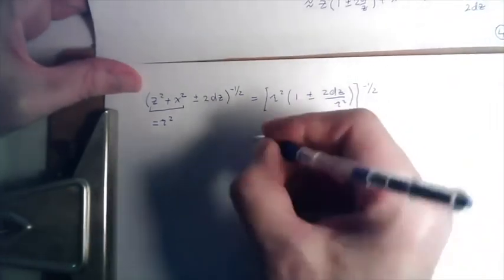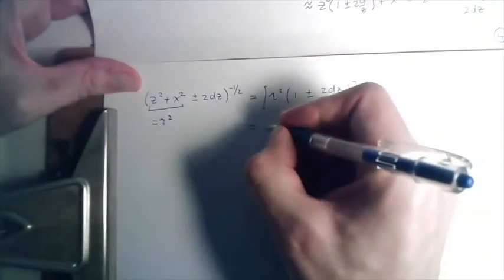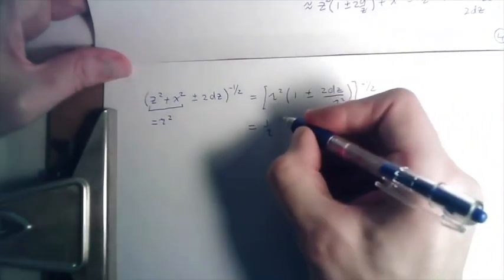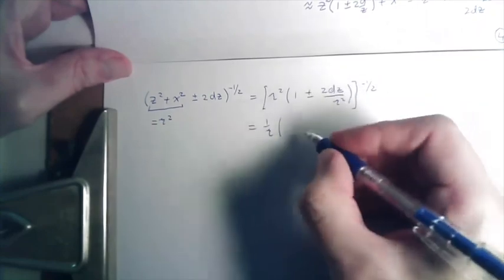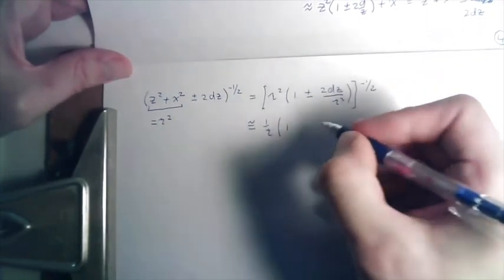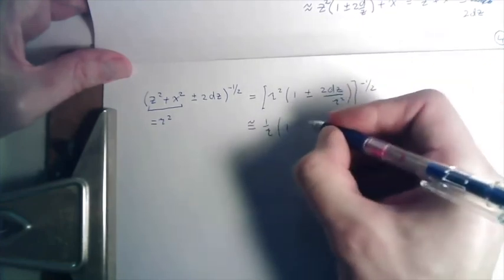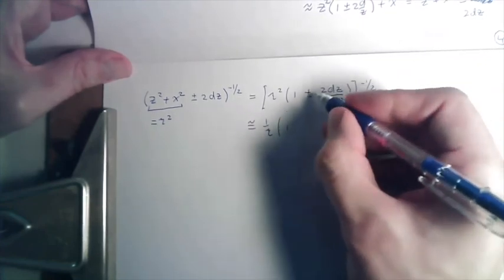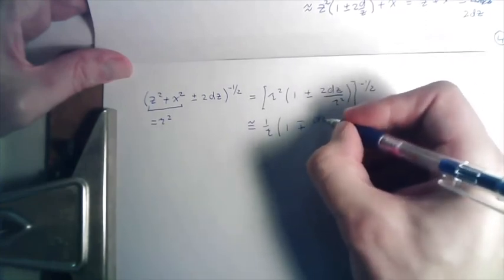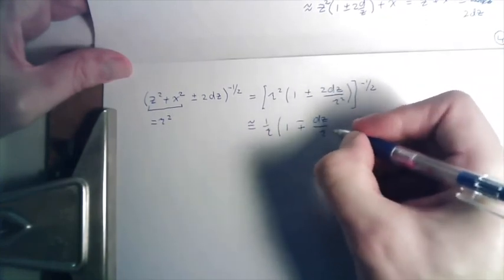Now the minus 1/2 acting on the r squared just becomes 1 over r. So that's easy enough. That's not an expansion, but the second part is going to force us to make an expansion. So the minus 1/2 means that we pick up a factor minus 1/2 in the Taylor expansion. So that's minus 1/2 times 2dz over r squared.